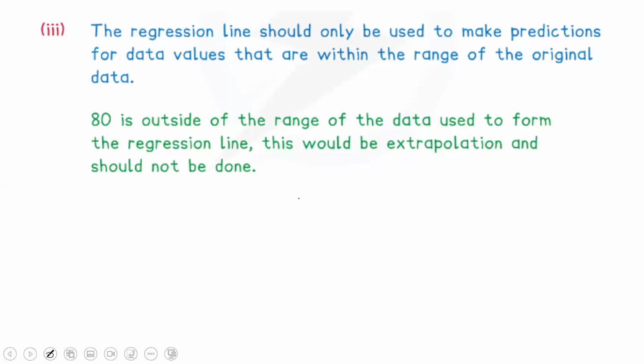Extrapolation means extending a graph. If you extend the graph to 80, then there are no other crosses there. So the result would not be very accurate.